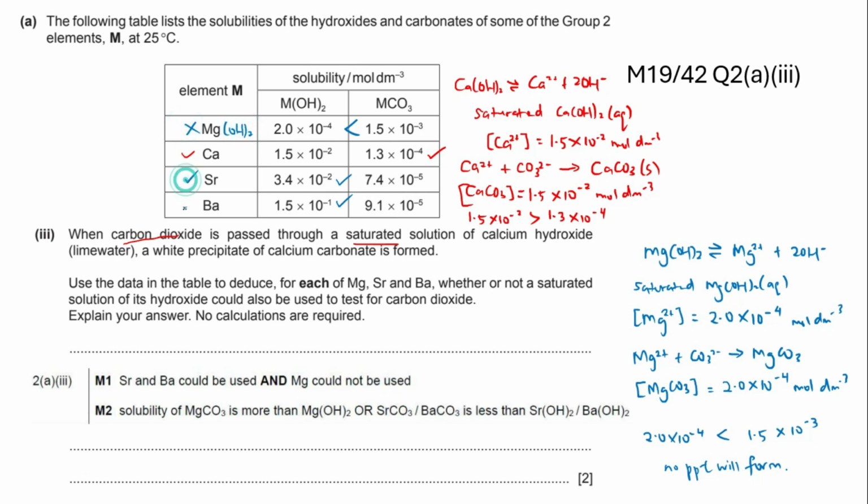So the rest are suitable. Therefore, the answer: strontium and barium could be used and magnesium could not be used. And the reason is because the solubility of magnesium carbonate is more than magnesium hydroxide. Or you can say the solubilities of strontium carbonate and barium carbonate are less than the solubilities of the hydroxides.